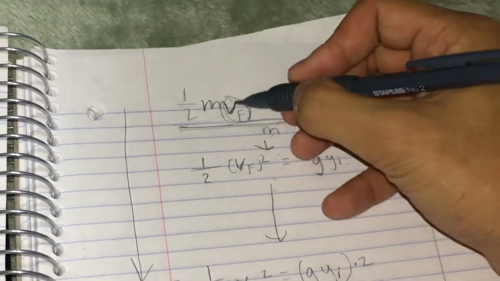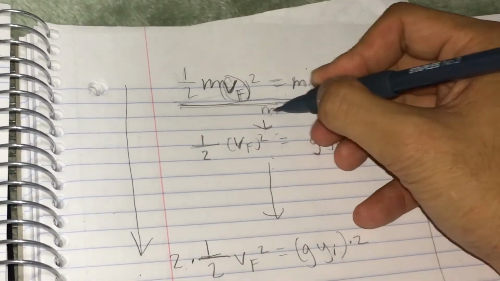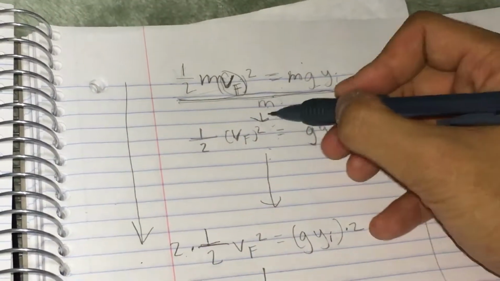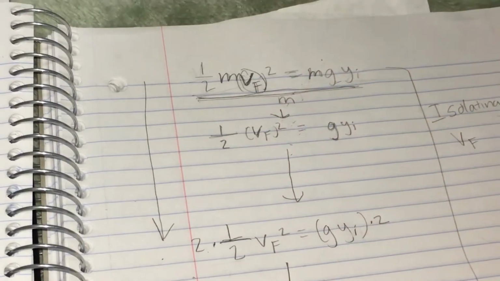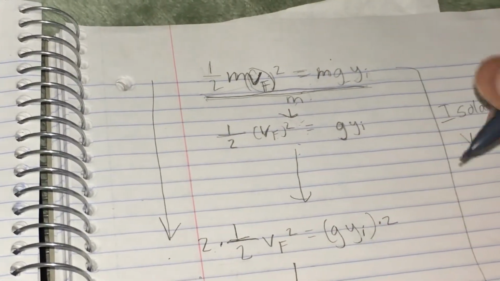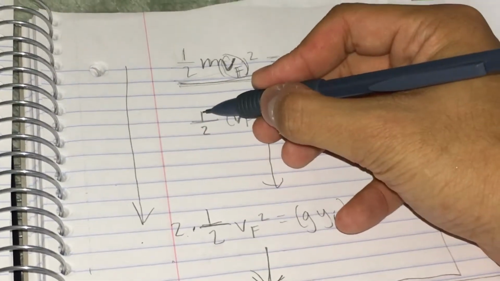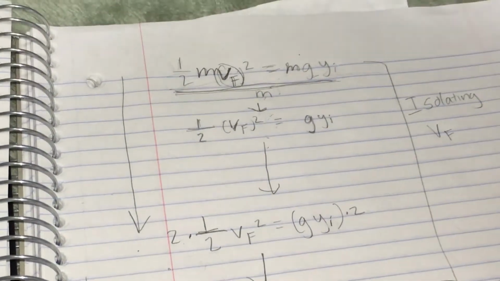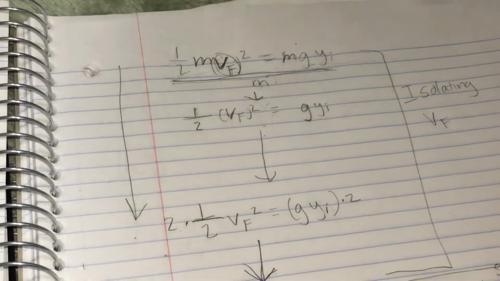To isolate the final velocity, because that's what we're finding here, we divide both sides by the mass, and the mass disappears because 1 over 1 equals 1. So it would be 1/2 times velocity squared equal to gravity times the initial height.